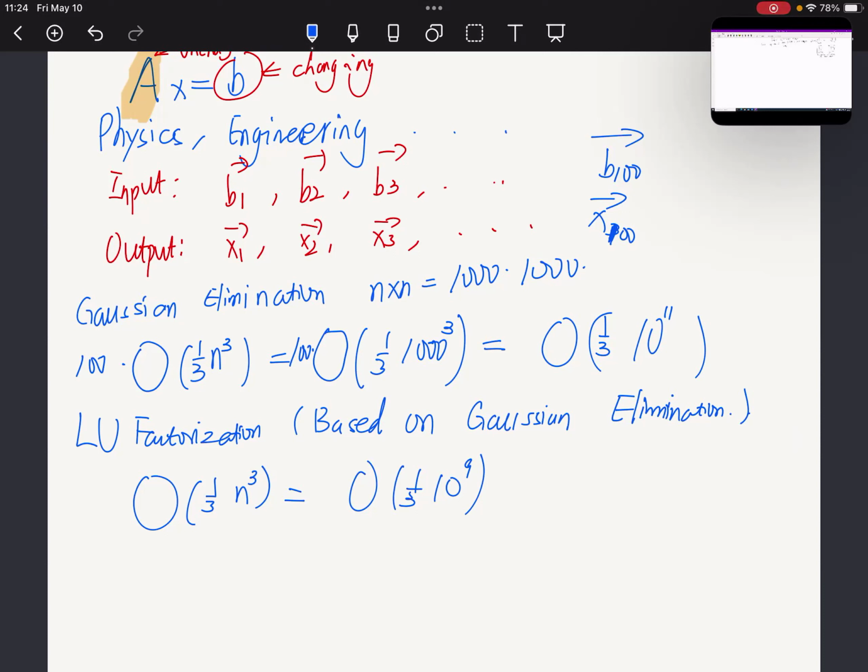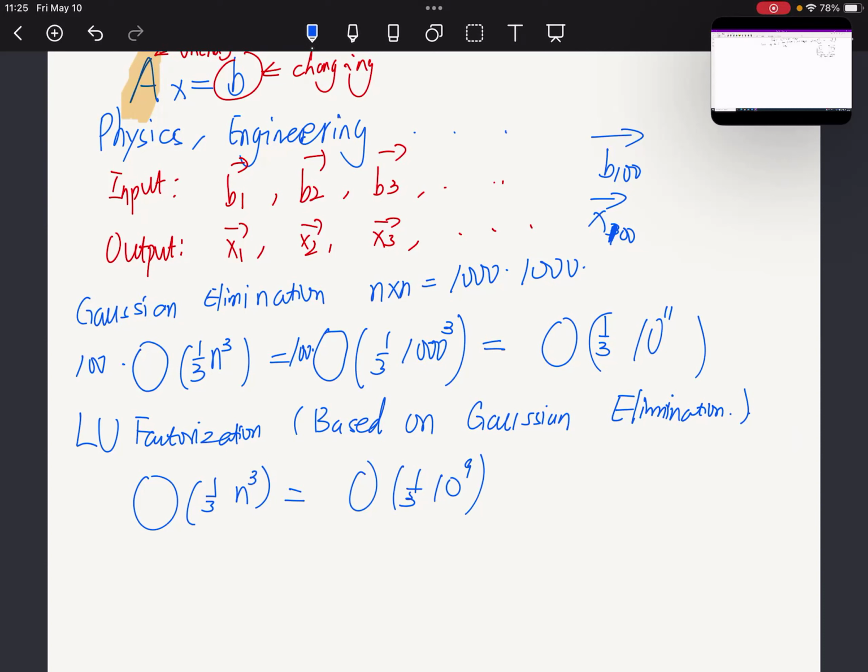We are going to get this LU factorization based on the Gaussian elimination. The benefit of this LU factorization is that you have the same A matrix, but different right-hand sides.